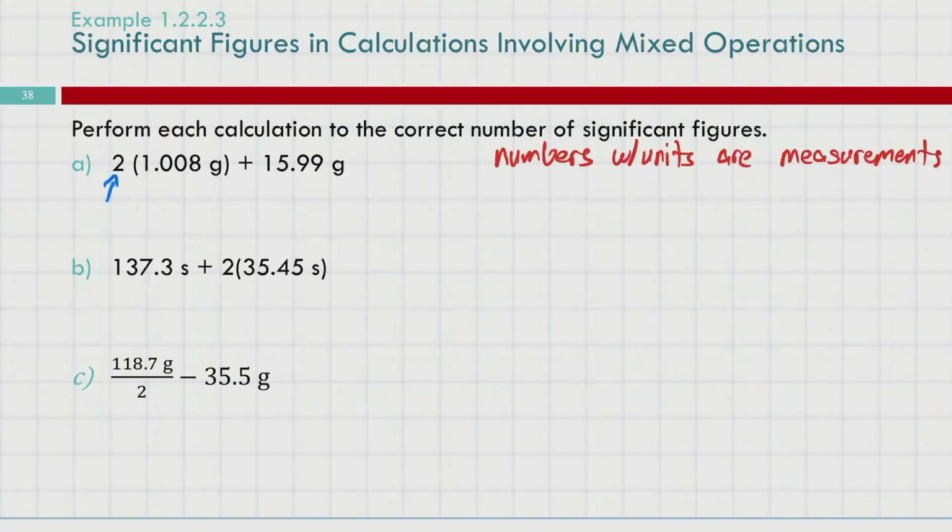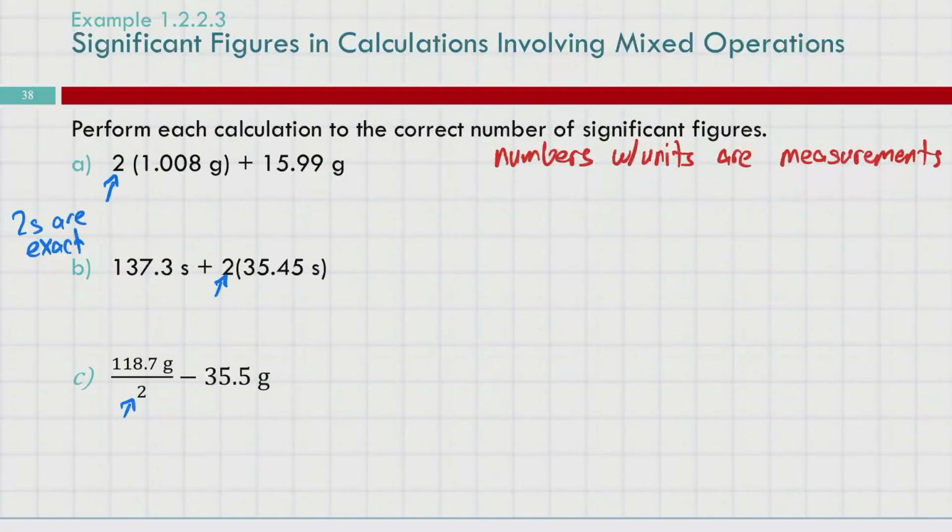The twos that I've included here, the twos here are exact. This just applies to this. We're treating the twos as exact numbers. They were part of a formula, let's say.